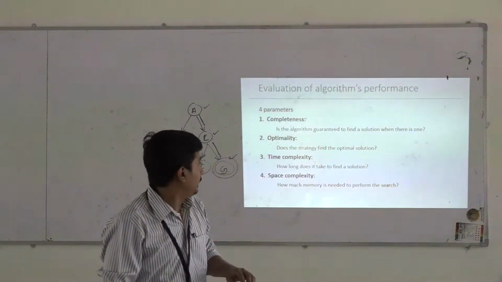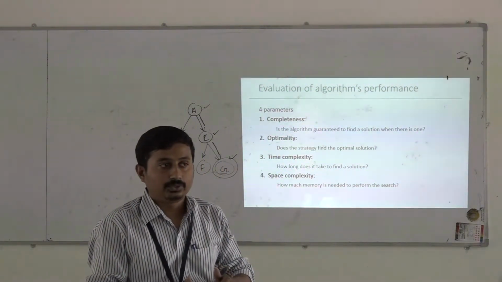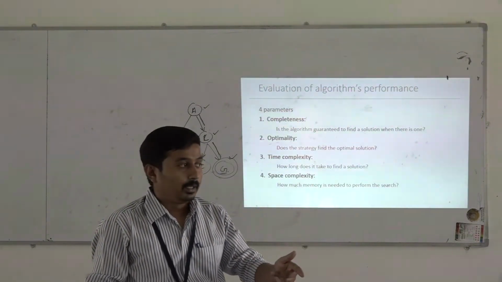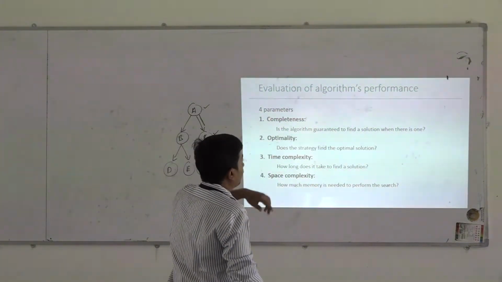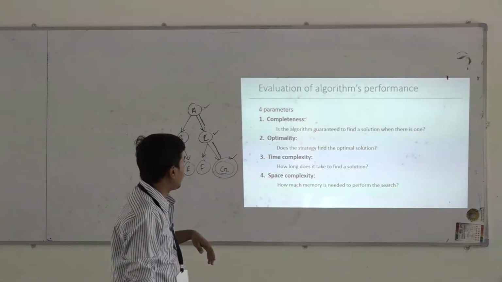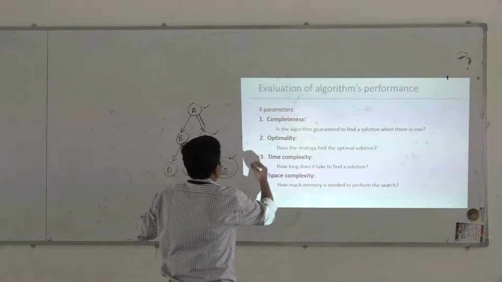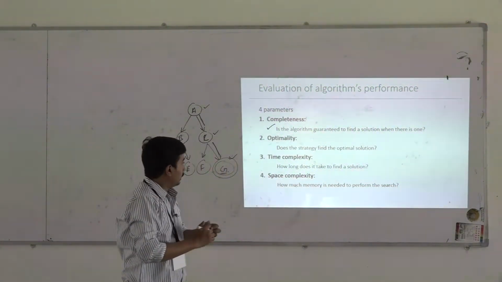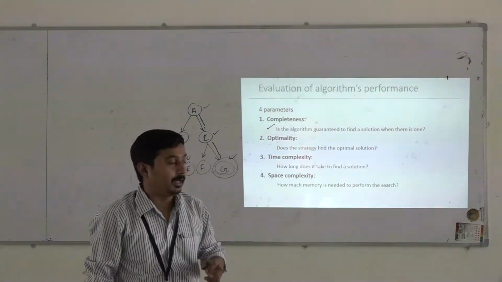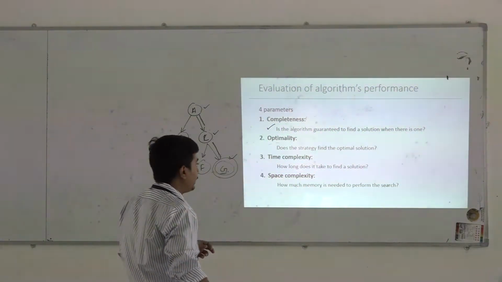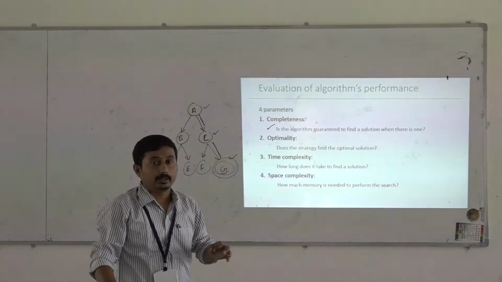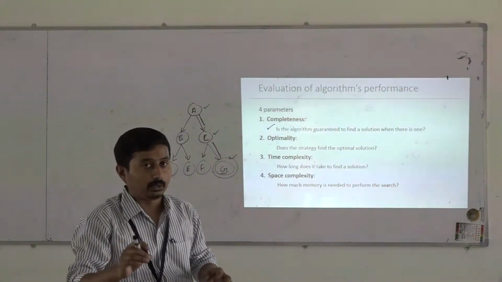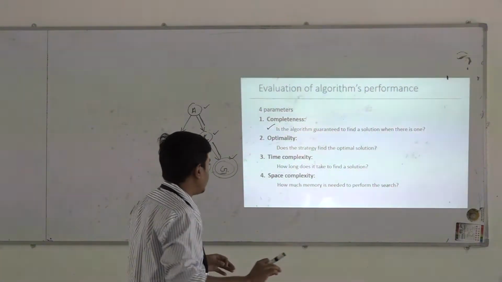Completeness says that if a solution exists for a particular problem, is your algorithm guaranteed to find a solution? So your algorithm should be complete. The next one is optimality. Does your strategy find the optimal solution? There can be multiple solutions, but your algorithm should provide the optimal solution, the best one.